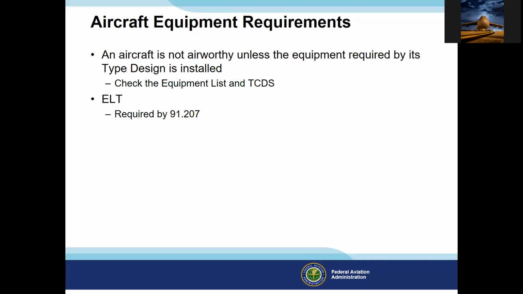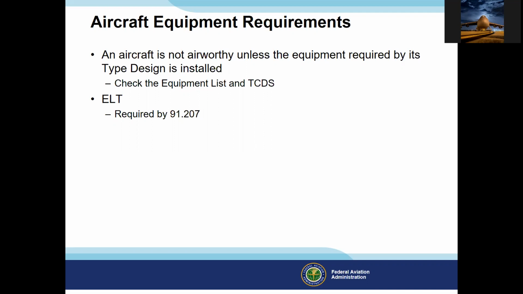Generally, an ELT is also required by 91.207. There are exceptions, but for the most part, the ELT is required unless you're a scheduled operation, or you're training within 50 miles of an airport, single seat.